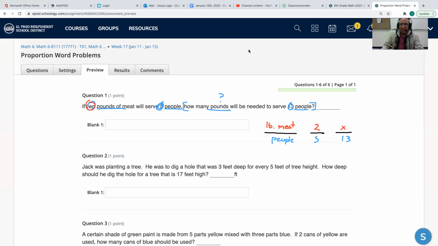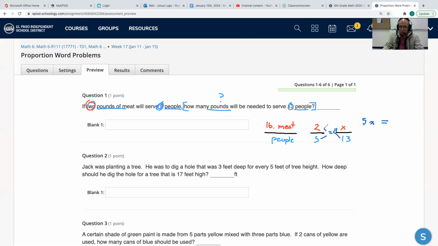So let's go ahead and use cross products to make an equation here, because I don't know what 5 times what gives me 13. So I'm going to multiply 5 times x, and that's going to be on one side.